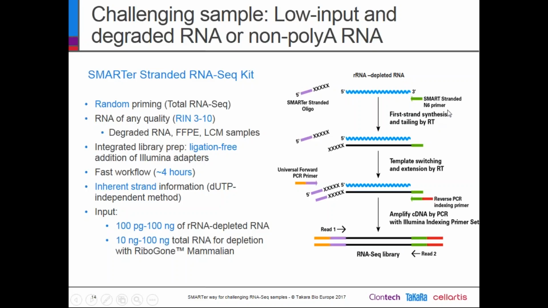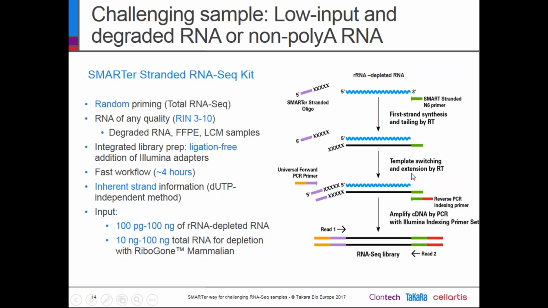The first one is that we are going to use N6 primer, so a random primer or random hexamer as you call it, to prime the reverse transcription. This will allow us to start with RNA of any quality. We have tested this kit with a RIN from 3 to 10. So it allows us to work with degraded RNA, FFPE samples, laser capture microdissected samples, and so on.